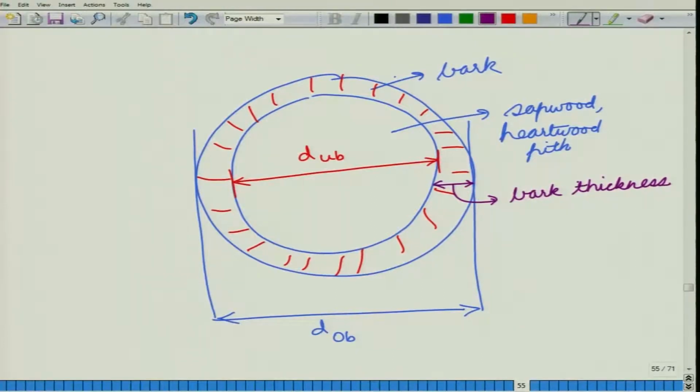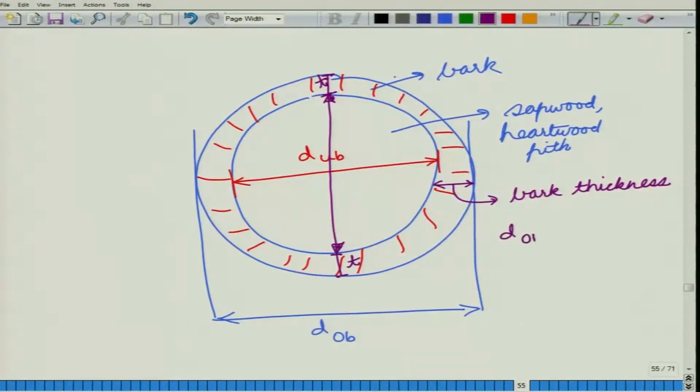Now, if we looked at any section, it would have your bark thickness, let us call it T. So, you have T at both the ends, and then you have the underbark diameter from here to here, and this total becomes the over bark diameter.